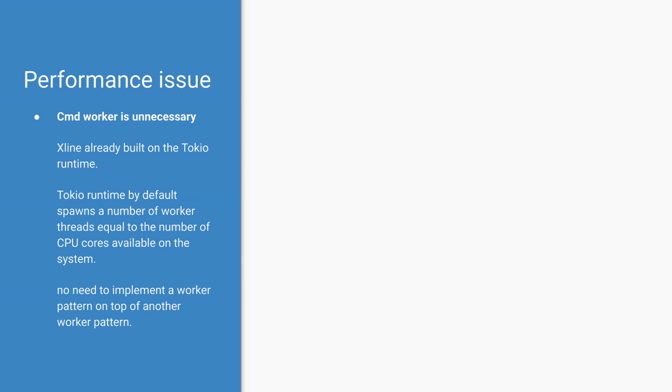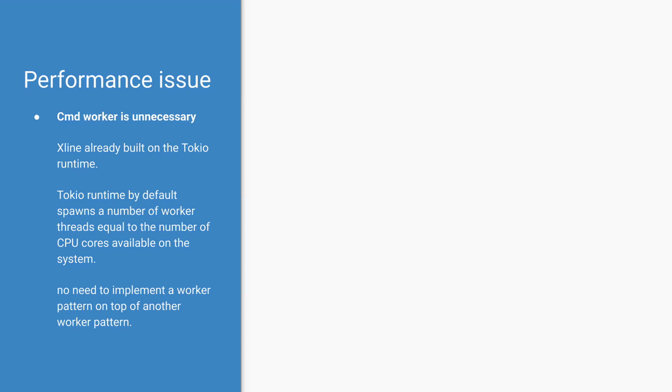Another concern is the unnecessary command workers. Because Xline is built on the Tokio runtime, and the runtime by default spawns a number of worker threads equal to the number of CPU cores available to the system.